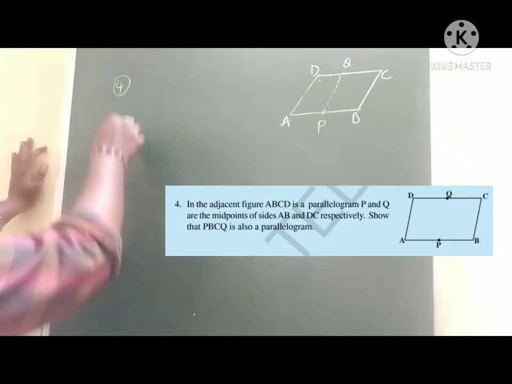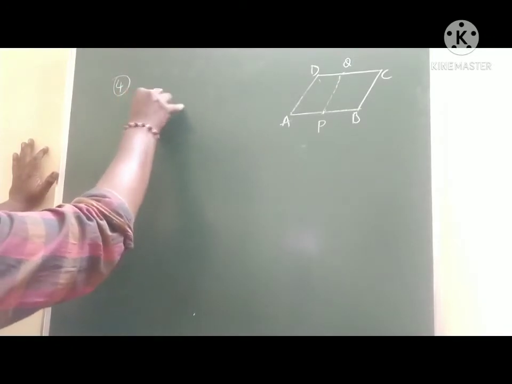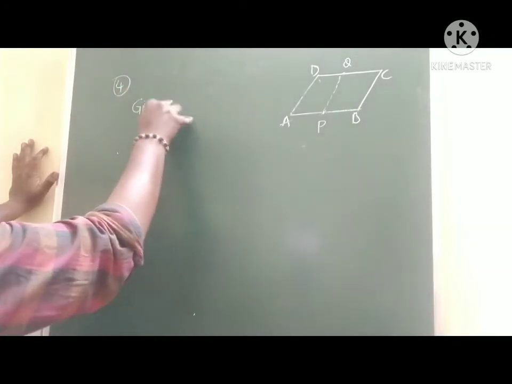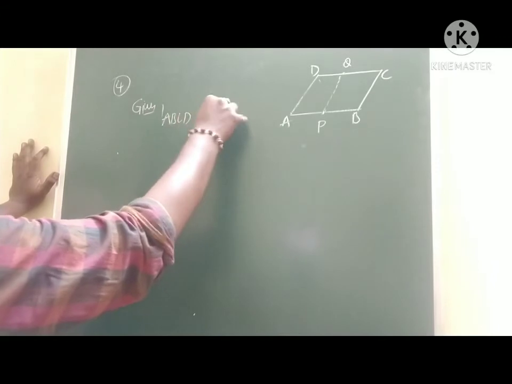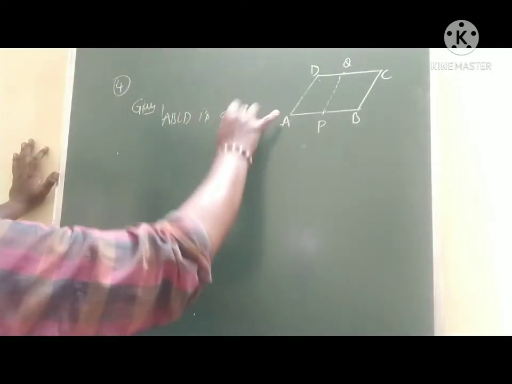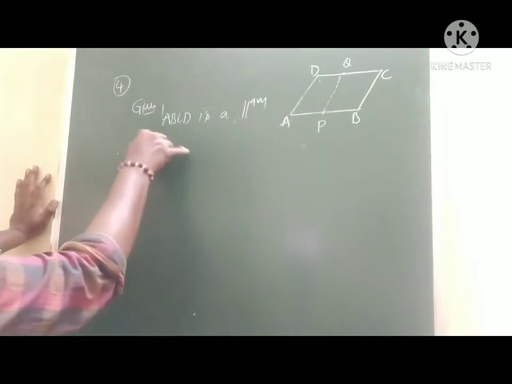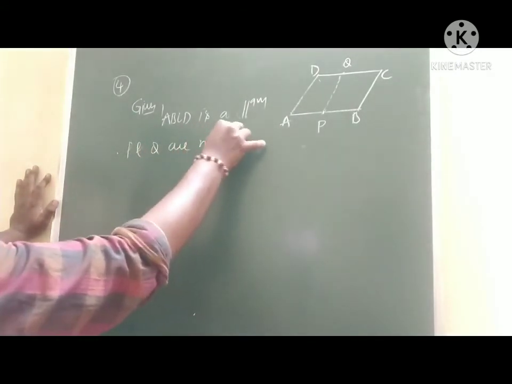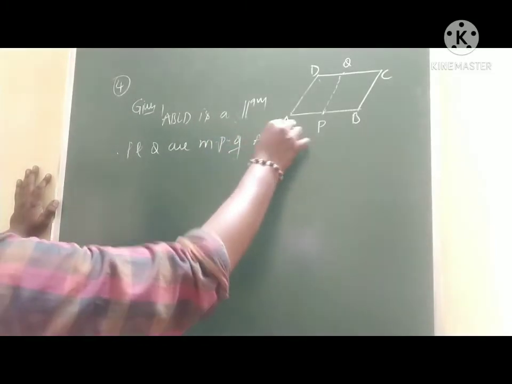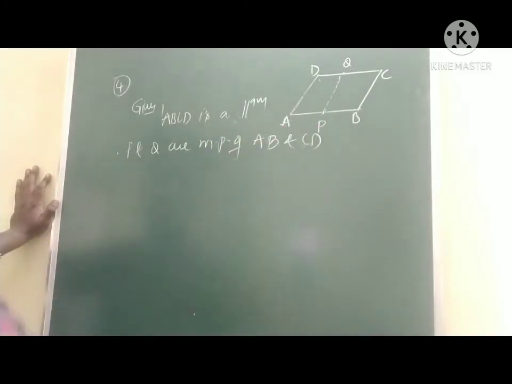Now see, given: ABCD is a parallelogram. P and Q are the midpoints of sides AB and CD.